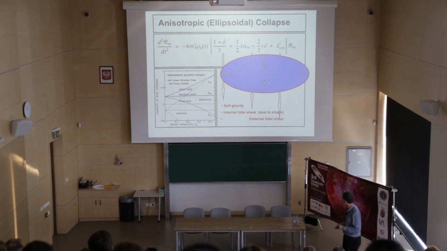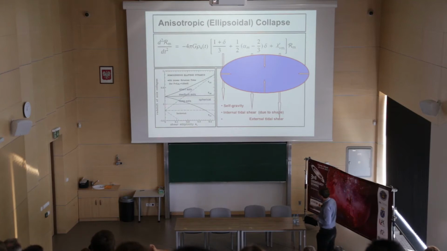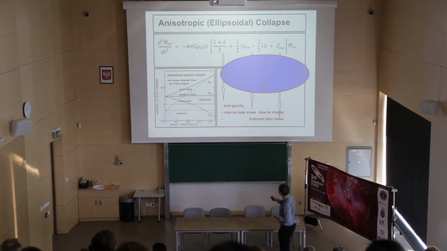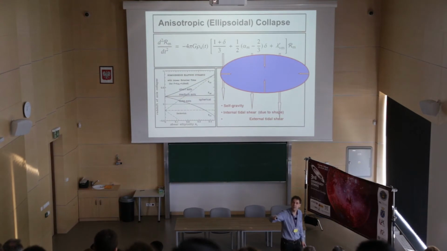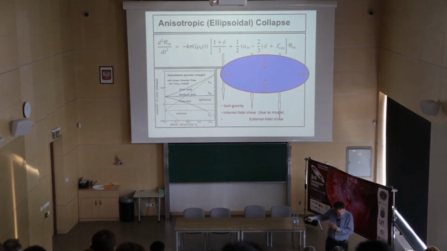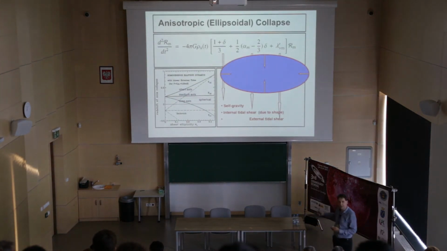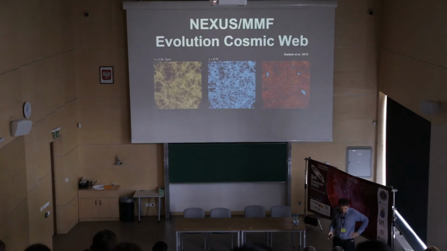That's interesting, because that couples its evolution along the various axes basically to the surroundings, and you can actually do the calculation for the various axes and see they will collapse at different times, and therefore you get objects of different forms and shapes.